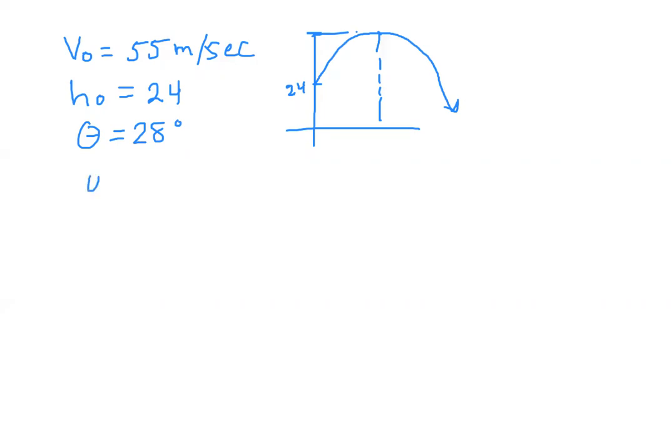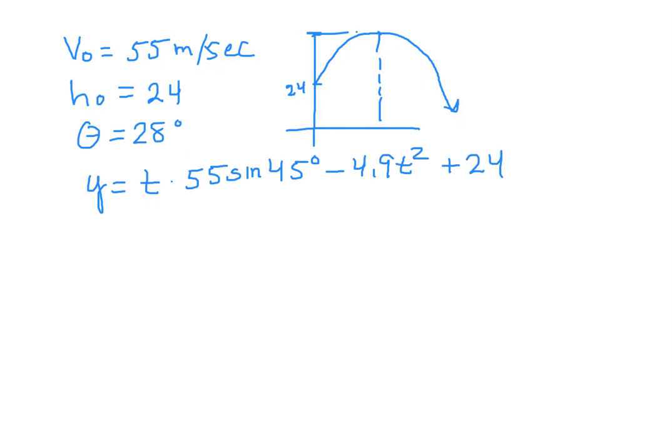So our y equation is t 55 sine of 45 minus 4.9. We're using that because it's meters, plus 24. We want to know when this is a maximum. Well, this equation right here is just a quadratic equation.